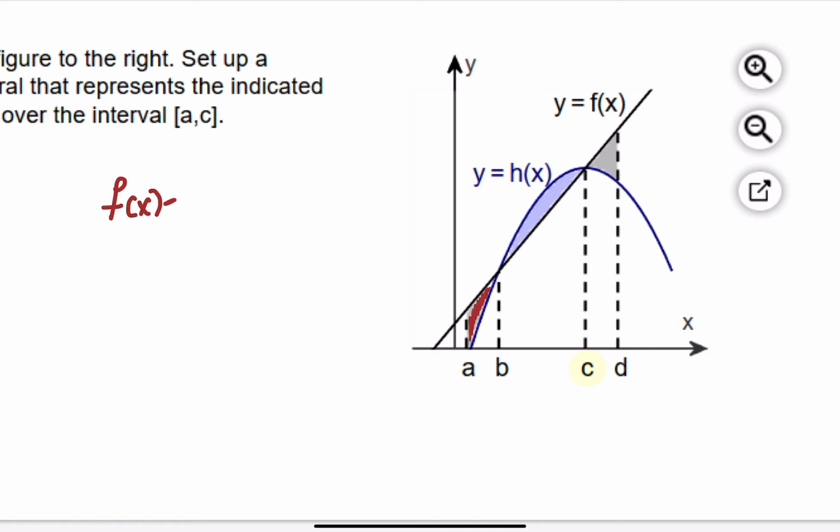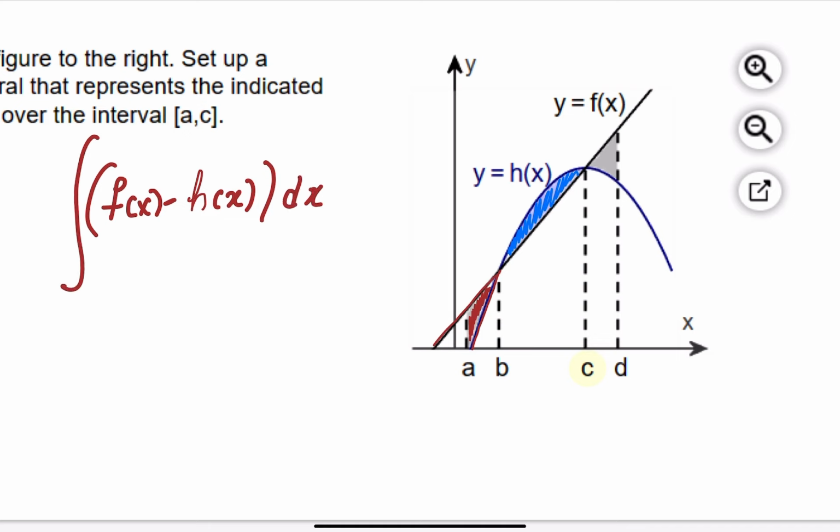Yeah, that's much better. And so I'm trying to find the area of the red and the blue. So the area of the red curve is going to be this line here, which is f of x, minus the area under this curve, which is h of x. f of x minus h of x dx.